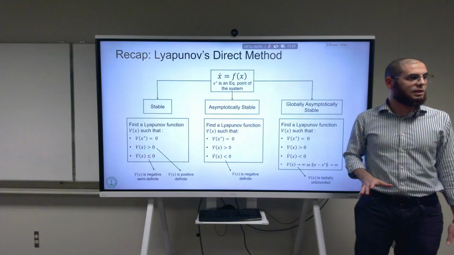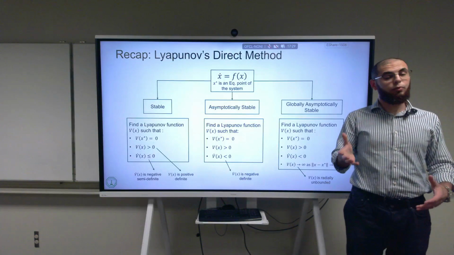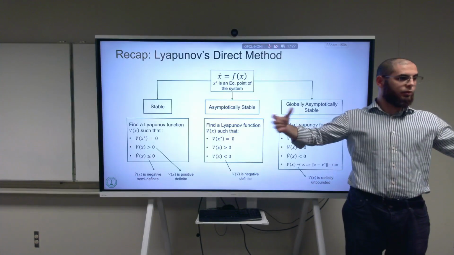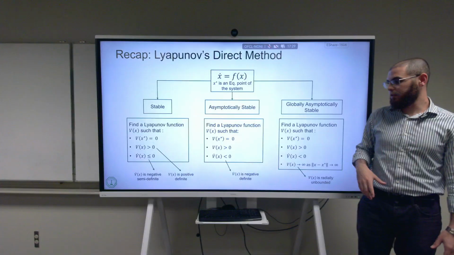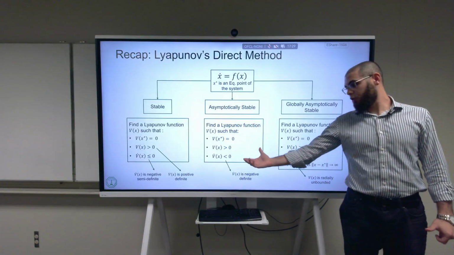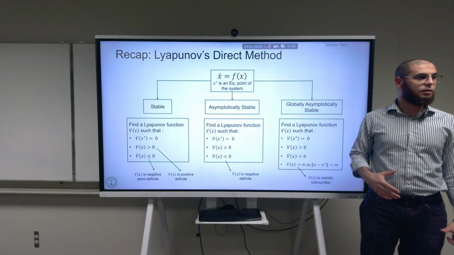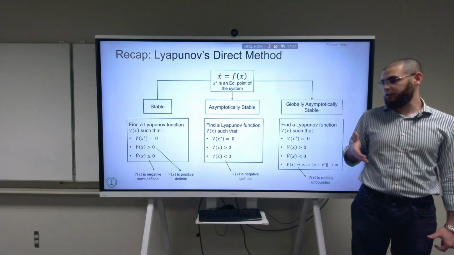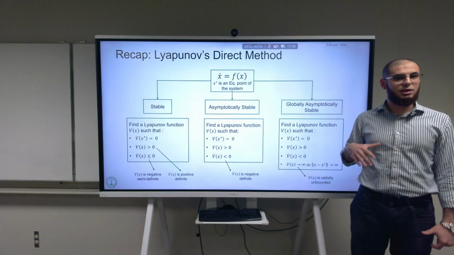Then you can conclude the equilibrium point is stable, which means that trajectories starting near it will not blow up, they will always remain near it. The trajectories will converge to that equilibrium point if you can show that the derivative of the Lyapunov function, V dot, is negative definite, not just semi-definite.